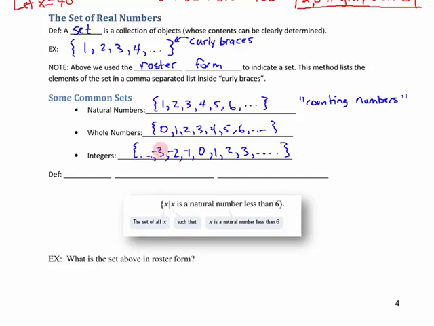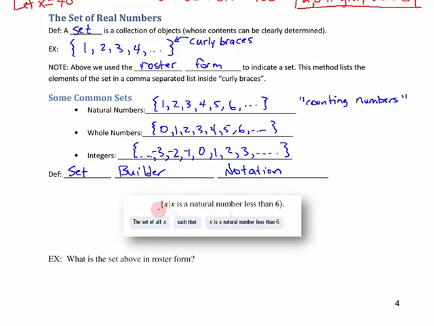Okay? Now, in many cases, to describe sets beyond these types of numbers, we need another type of set notation called set builder notation. Instead of listing the numbers inside a set, we want to just describe some property that those numbers have. And the way that we do that is using the following.